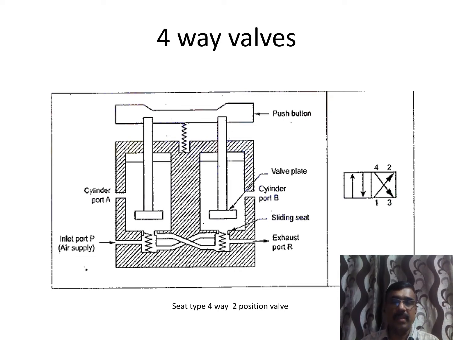Here the construction is given. One is opened and forwards the pneumatic air to the actuator, and similarly the second part is always operated in the reverse direction of this one. That's why it is called a four-way valve.